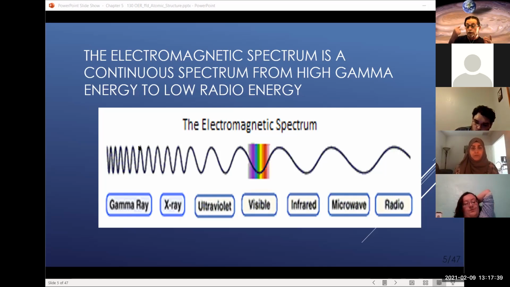We have what are called cones and rods in our eyes that pick up color and shades of gray. So you can see where X-rays are, very, very powerful, but not as powerful as gamma rays. And then we got microwaves. They're just a little bit more powerful than radio waves.